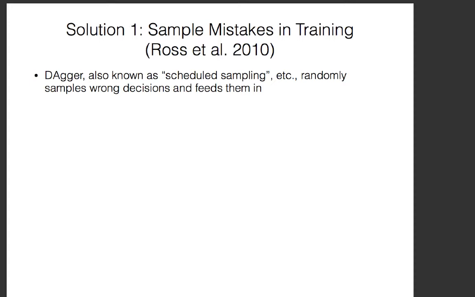This method called Dagger was actually made by Jeff Gordon, who was at CMU until very recently, and now is at Microsoft Research, I guess. It's also known as scheduled sampling, because there was another paper that called it scheduled sampling in neural network land. But basically the idea is super simple.